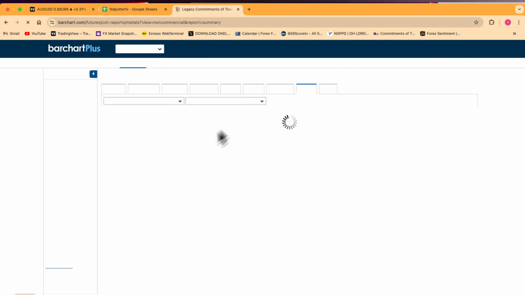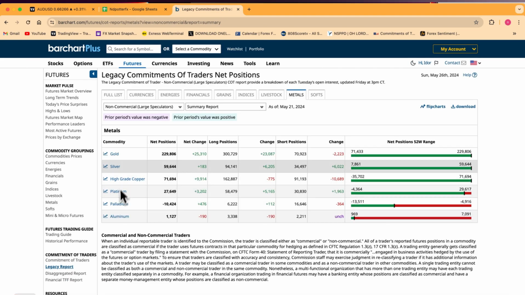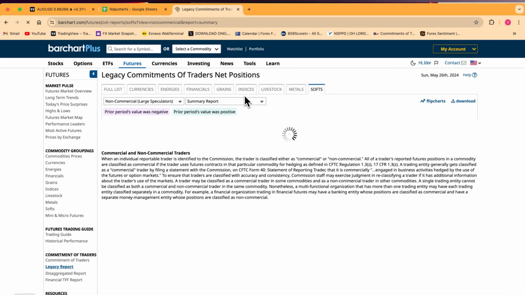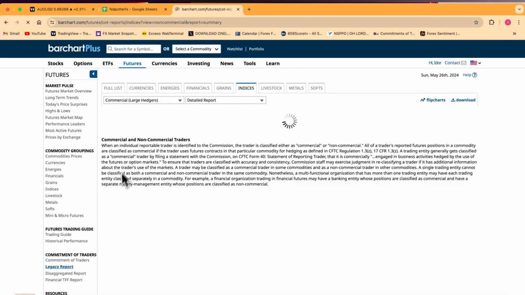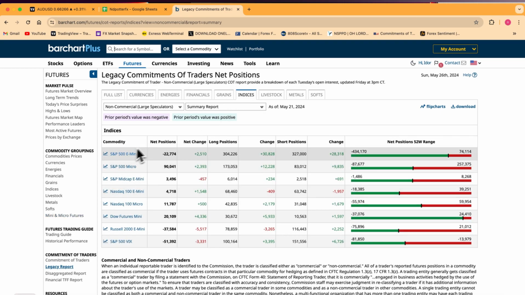And here you can see gold, silver, and all that. If you trade indices, this is all the indices, so everything you want is much easier on this website.